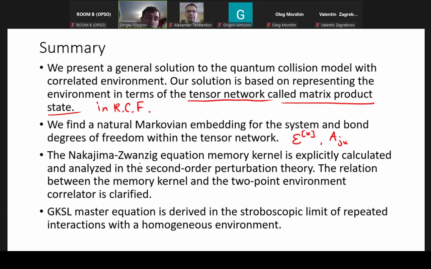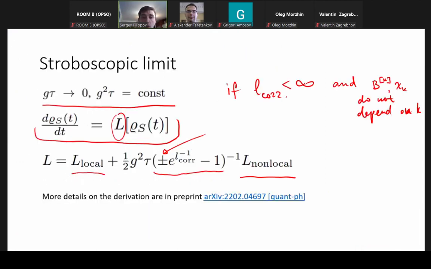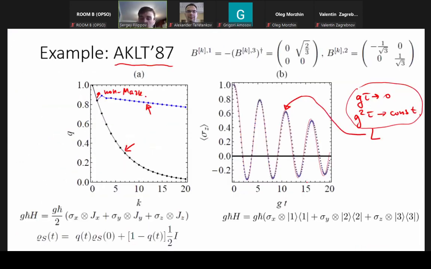Correlations are taken into account by the Nakajima-Zwanzig equation, and they become visible in the second order perturbation theory. And if we consider the stroboscopic limit, then we reproduce the Gorini-Kossakowski-Sudarshan-Lindblad master equation, but the generator L will still have a contribution from correlations in the environment.